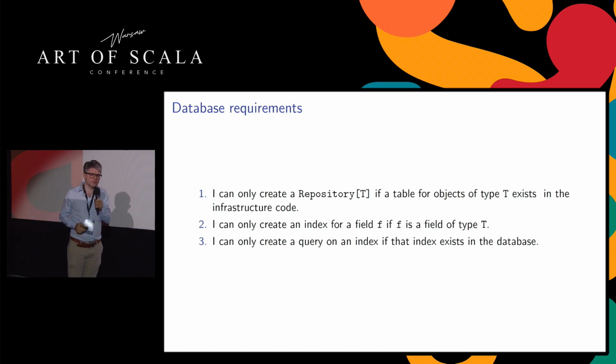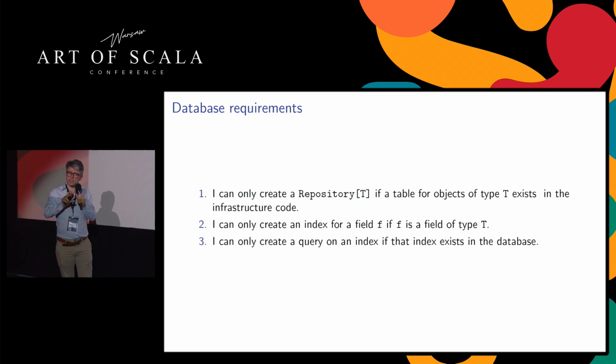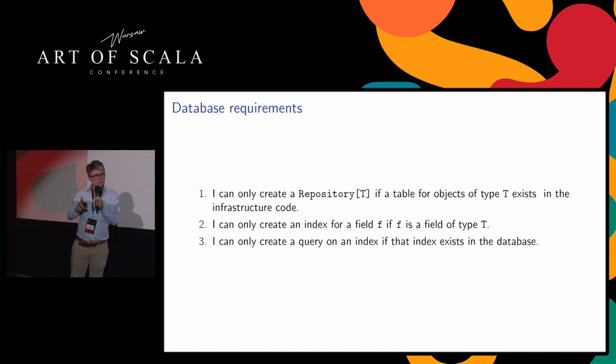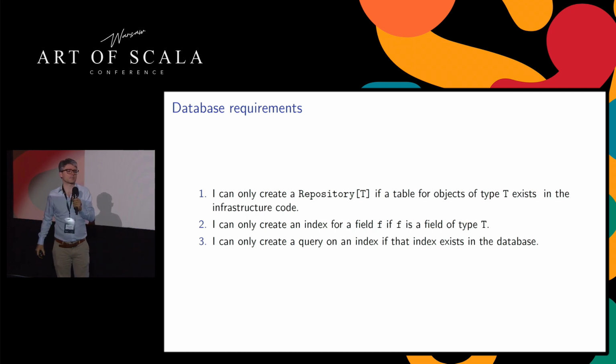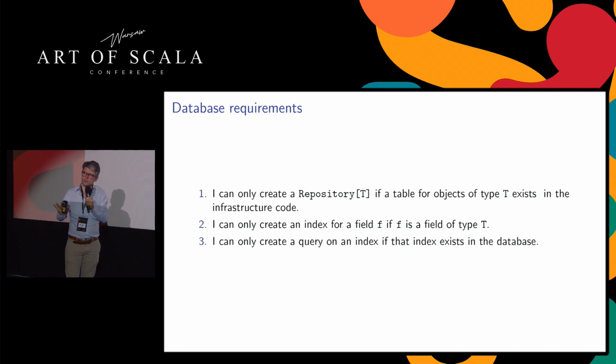So I'm going to change it a little and say that I want the compiler to check if my code in the application conforms to what is in the infrastructure code, because that is possible, I think. And if I can satisfy these requirements, then I can be sure that when I deploy my application to the server, everything will work fine.